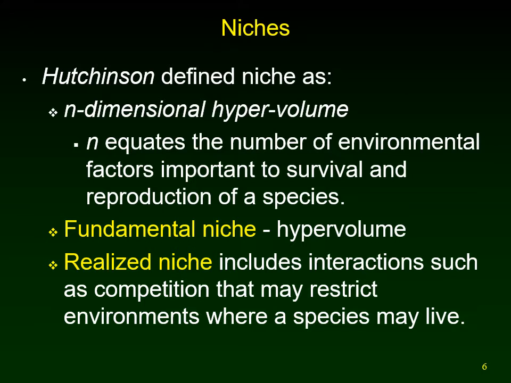And so the species ends up being in more restricted conditions, which is called the realized niche, which is the actual niche of a species whose distribution is limited by biotic interactions such as competition, predation, disease, parasitism. So there's a lot of factors that are put into this idea of the niche, and you're taking a lot of complexity of the environment and pulling it together into one concept.